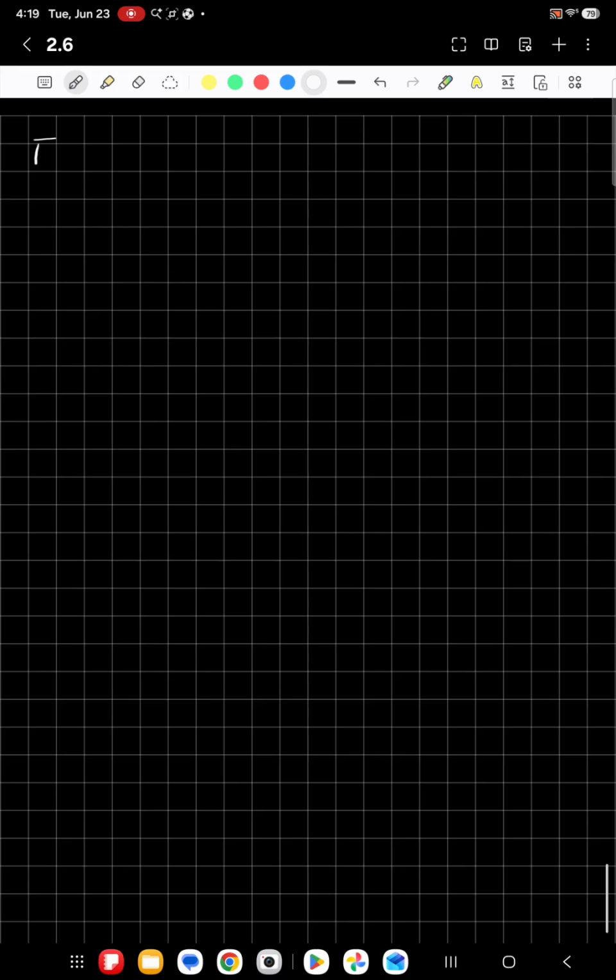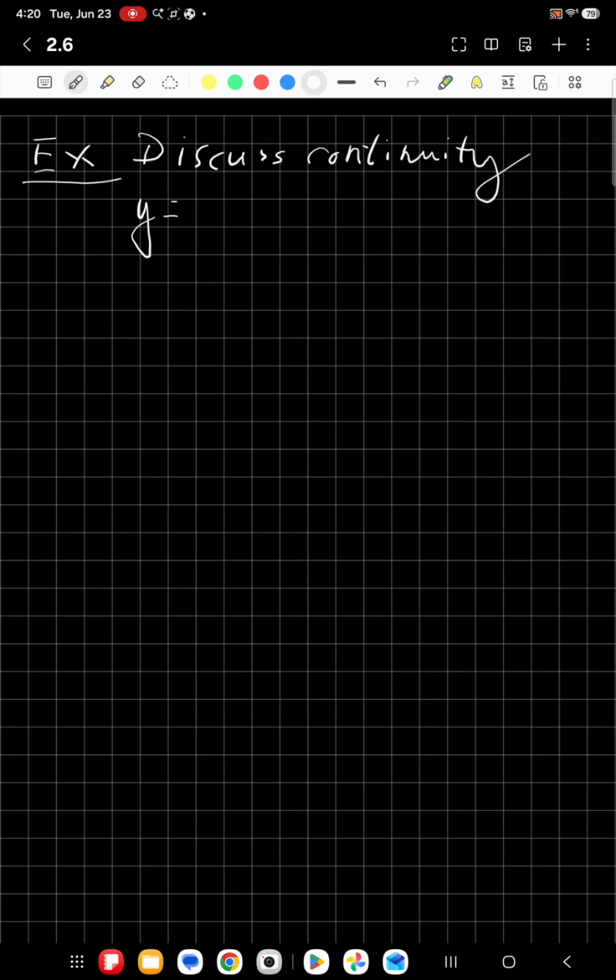So let's start with that. And so again, discuss continuity. Let me write it. So discuss continuity. And then the function is tangent. So y equals tangent x.